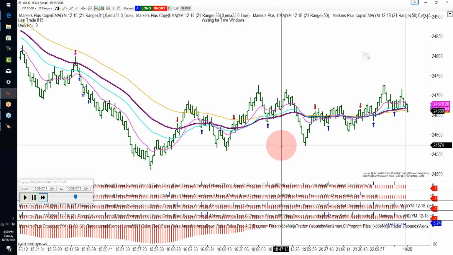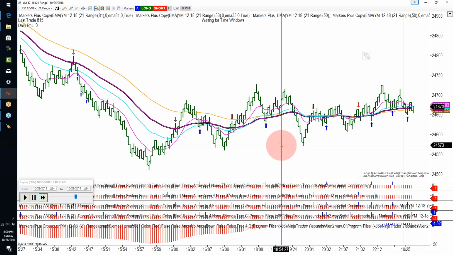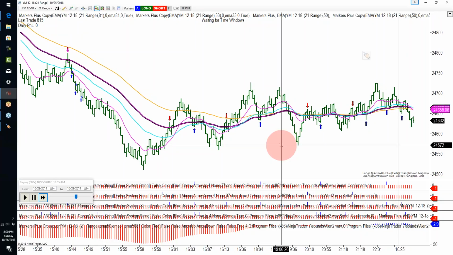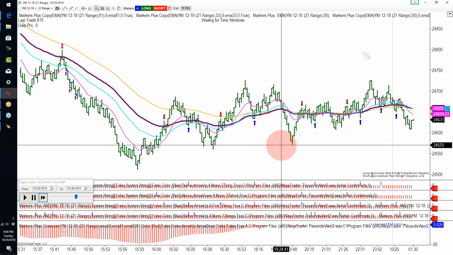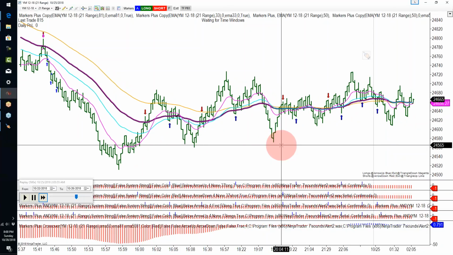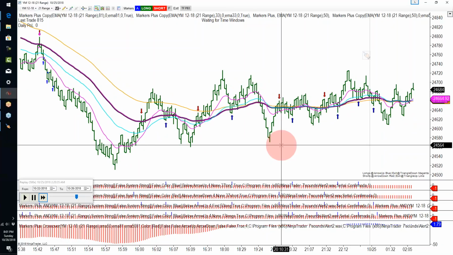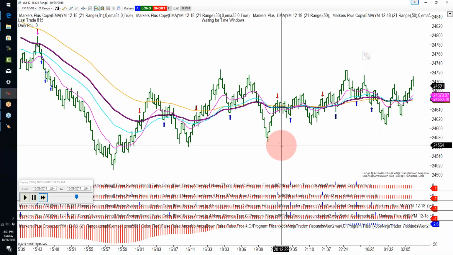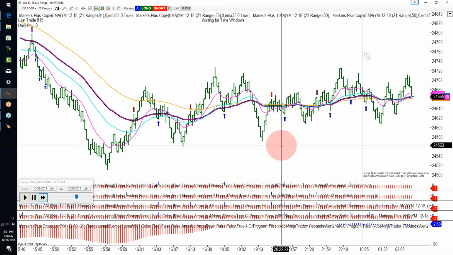One of the things that I hang my hat on when it comes to system development, automated system development, is I leave things pretty robust. I do not over optimize at all. That's one of the number one things that can be a system killer.